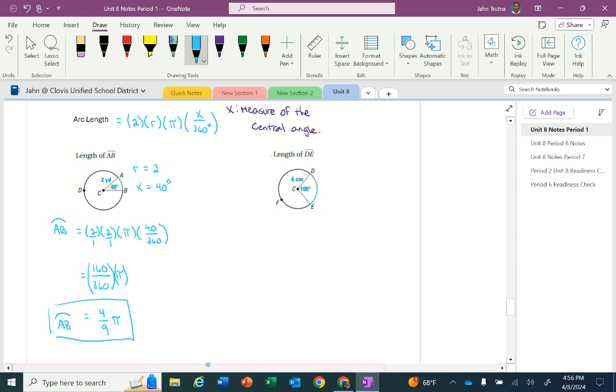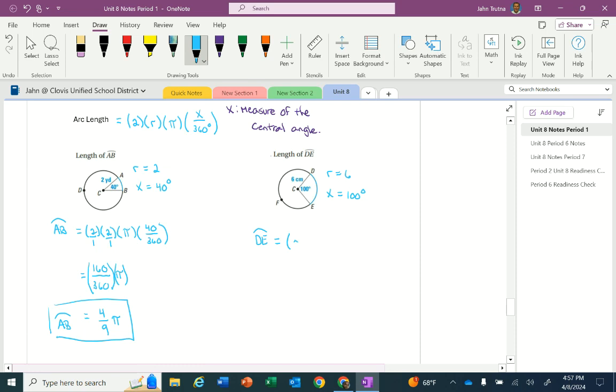Okay, moving on to the next example right here. We're going to find the length of arc DE. So we're going to find out how long is the crust from point D to point E, just the crust. Notice that the radius is 6. X, which represents the central angle, is 100 degrees. I put the radius 6 and the x 100 degrees into my arc length formula.